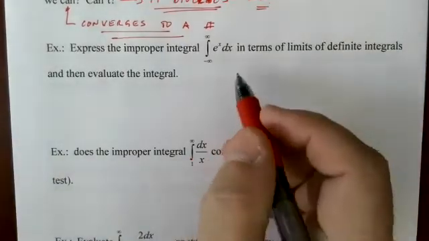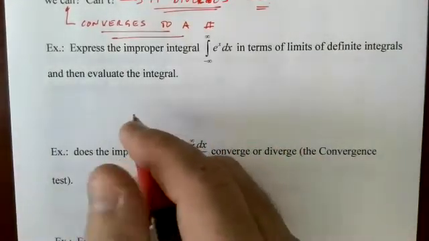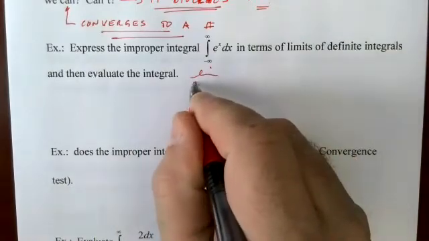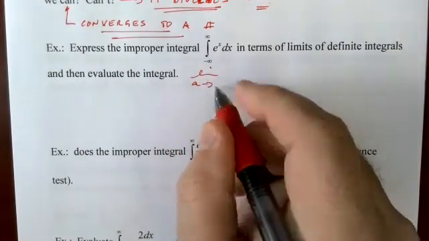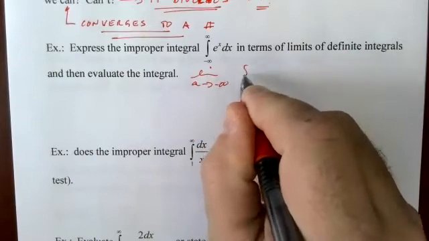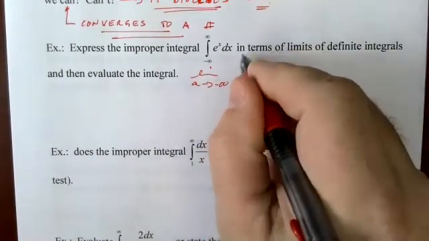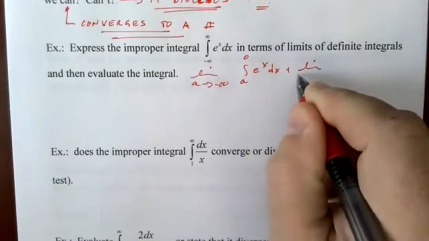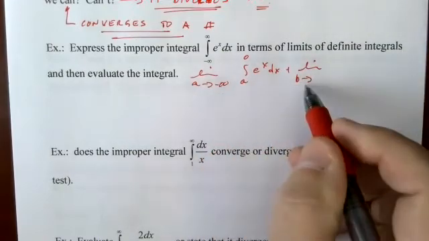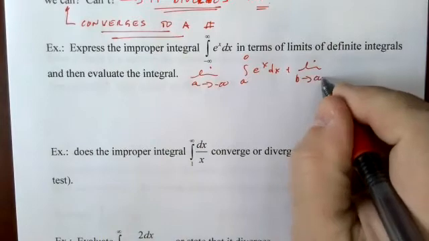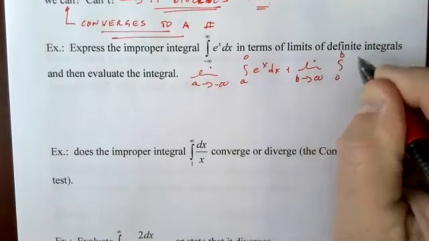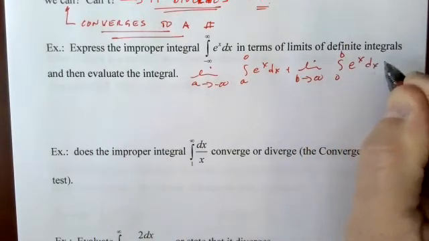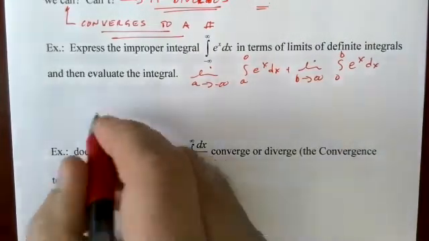So evaluate this one. e to the x, definite integral, and evaluate the integral. So limit as a approaches negative infinity, from a to, hey, how about 0? Sure. e to the x dx plus limit as b approaches infinity. A lot of times they use b right off the bat. I don't know why. Who cares? It's just a letter. All right.